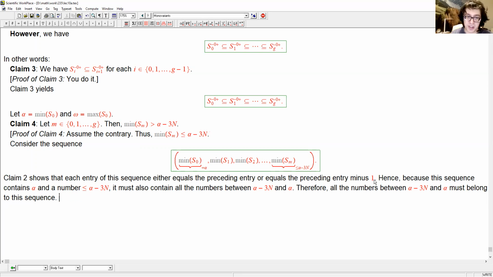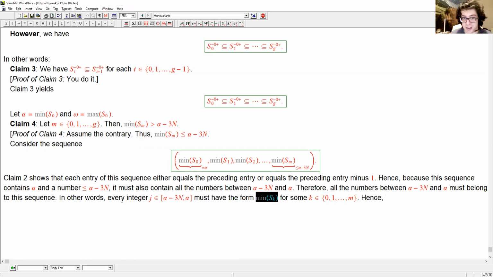So let's rewrite it. Every integer j in the interval alpha minus 3n and alpha must have the form minimum of sk for some k. Hence, now a minimum of a set always belongs to that set. So if it's a minimum, it must belong to sk, thus also to the shade of sk, because a set is a subset of its shade.